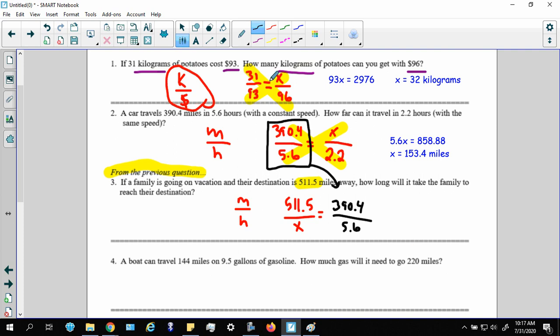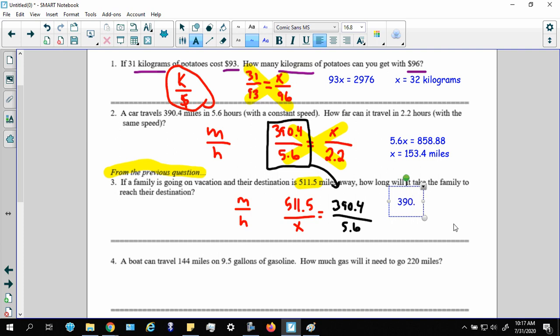It's going to end up being, speeding up a little bit after we cross multiply, 390.4x is equal to 511.5 times 5.6, which is 2864.4. Divide that, and you get x is equal to 7.3, we're rounding, hours.